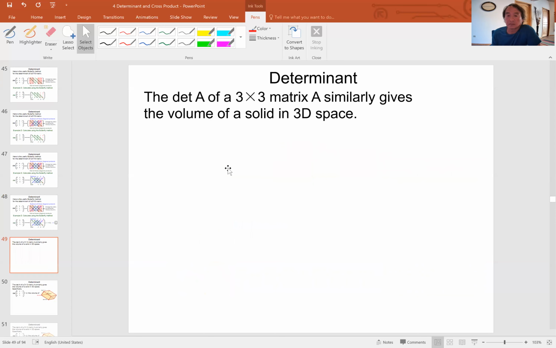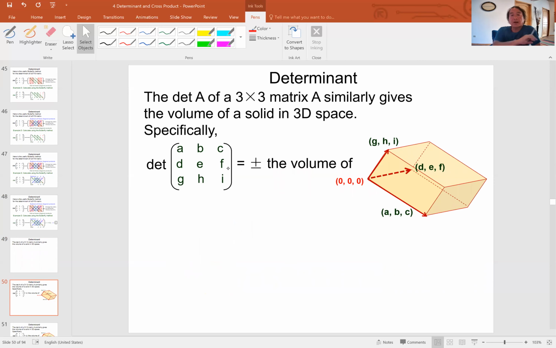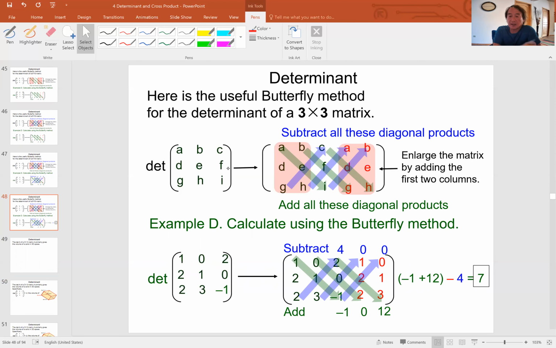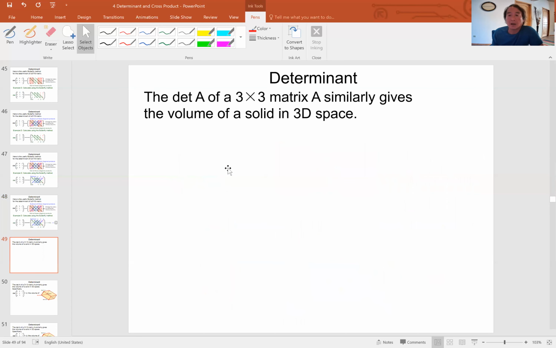By the way, this is called the butterfly method, and it's good when you want a fast calculation for a 3x3 matrix. It doesn't work for 4x4 or any other size. It only works for 3x3. Fortunately, the cross product is 3x3, so we can use this method if we want to, or the expansion method.